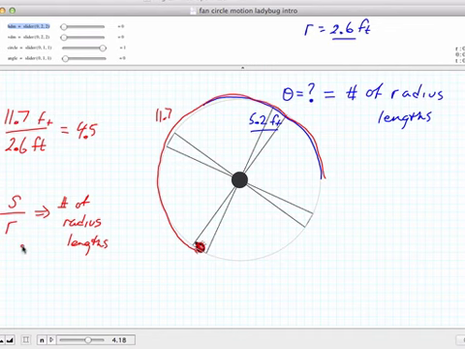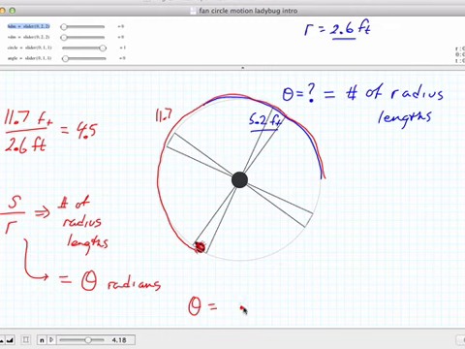That ratio then will give you how many pieces you have, how many radius lengths. And then we know that that number of radius lengths is the same as the number of radians. Okay, so that's where we get theta equals S over R.